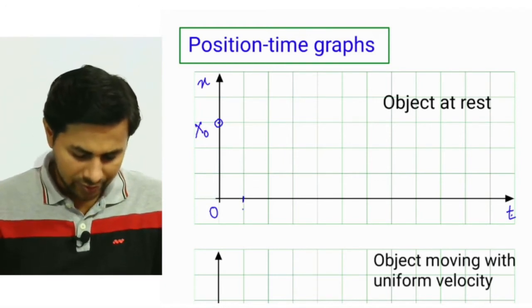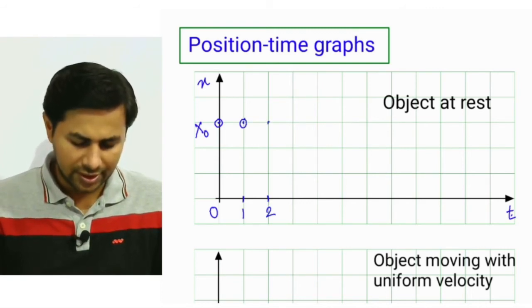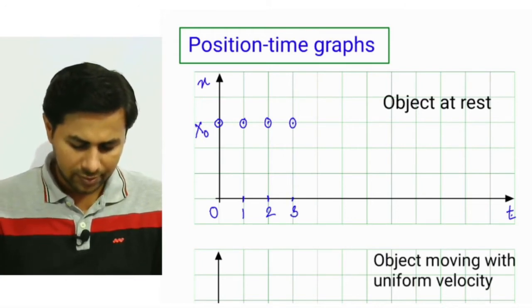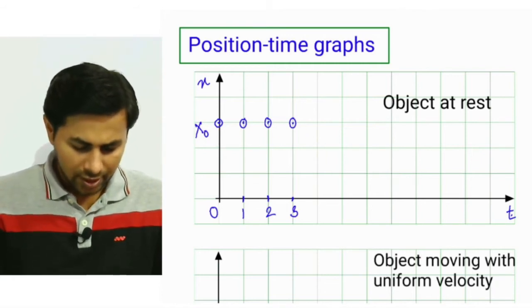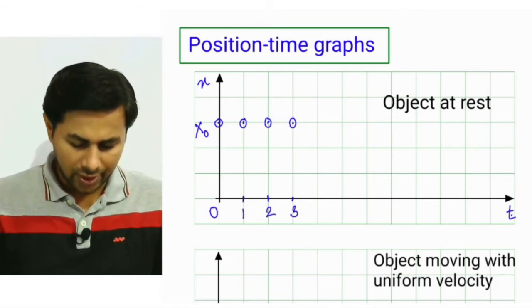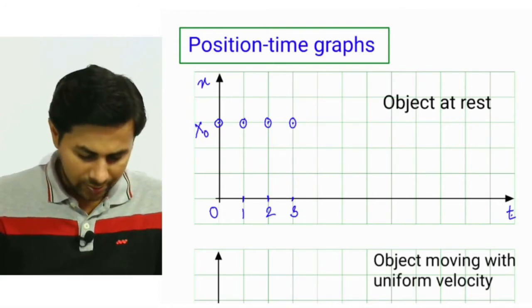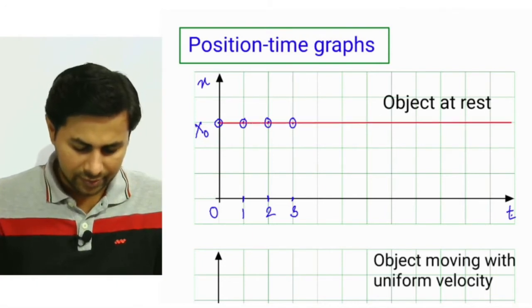At t equals 1 second, the object is at the same position. At t equals 2 seconds, the object is at the same position, and so on. So we get these points. Now if we join all such points, we get a position versus time graph for an object at rest.